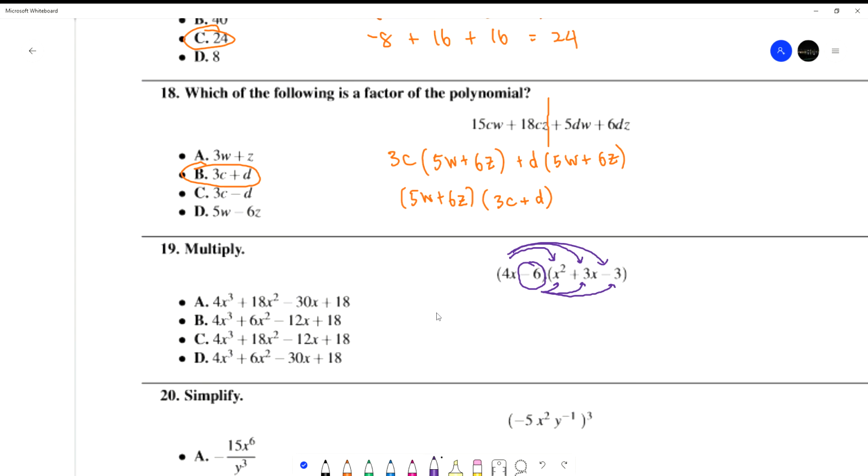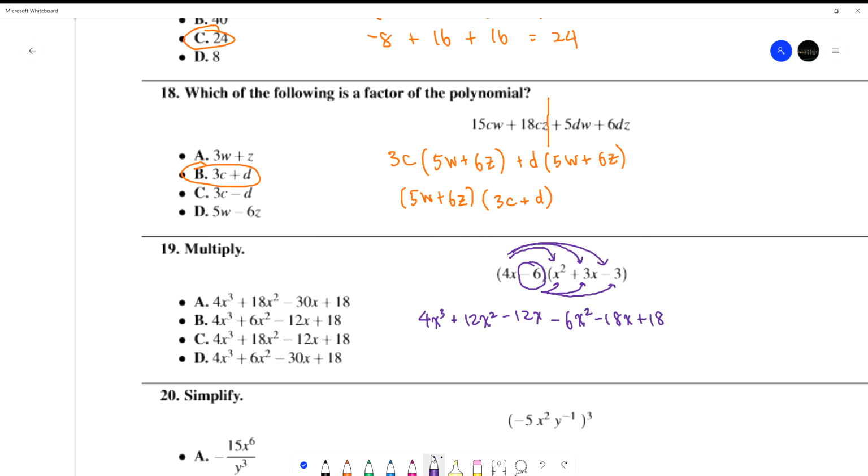So the first term is 4x times x squared is 4x cubed, right? You have to add the exponents. And then plus 12x squared minus 12x. Then you move on to the negative 6, you get negative 6x squared minus 18x plus 18.